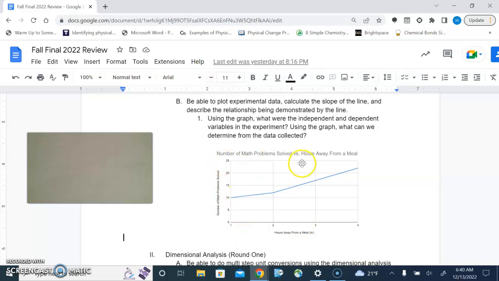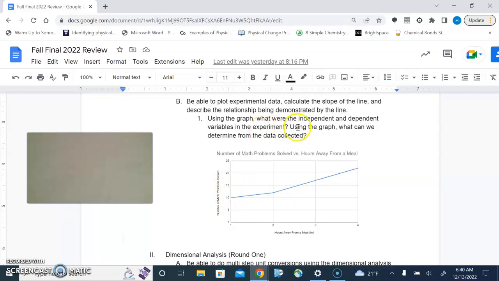So number of math problems, hours away from a meal, we can see, okay, as time is going by, what's happening? Well, the number of problems that we are able to solve is increasing. And so as we are getting closer to the meal, coming this way, we can see that we're not able to solve as many problems.